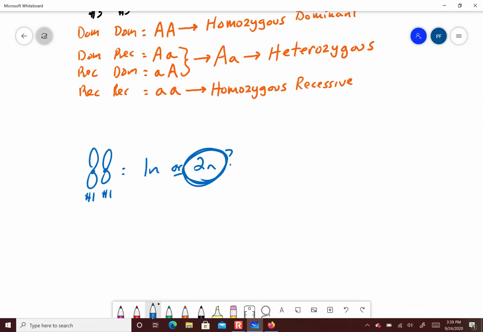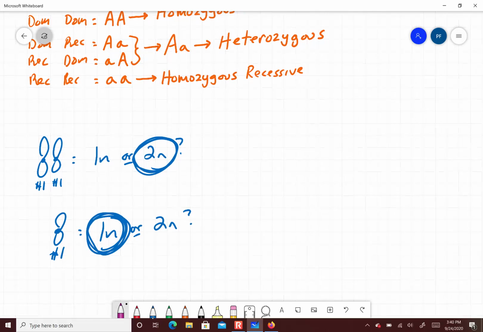And what if we just had this? 1 number 1, 1N or 2N? Same thing. You're just saying how many number 1s do I have? 1N. So now instead of drawing chromosomes, let's do it with letters for our genotypes, for our alleles.